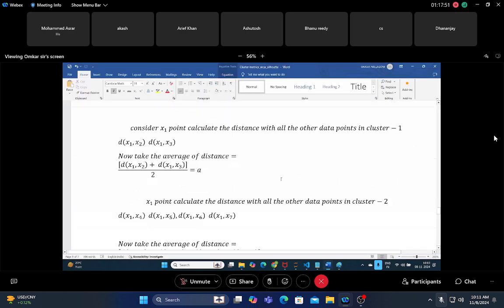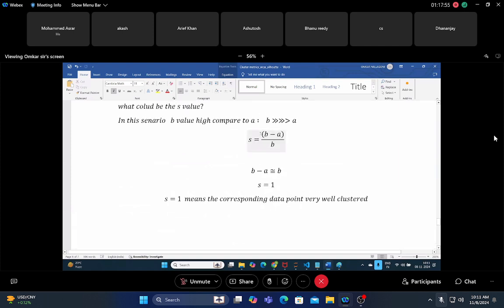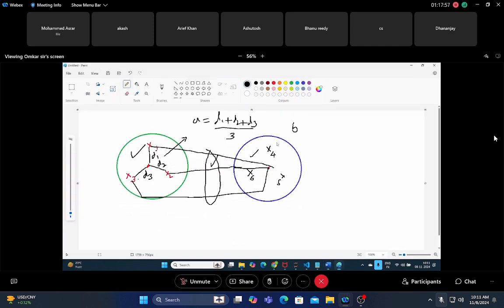The Silhouette score formula is B minus A divided by the maximum of A comma B. Use your common sense and tell me: will A increase or B increase in this case?